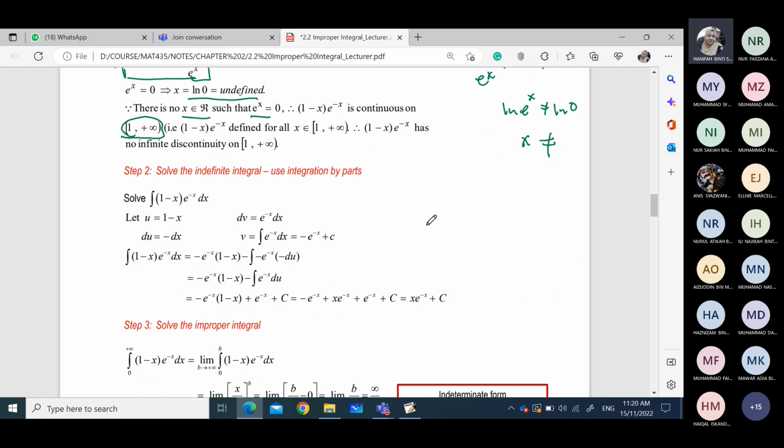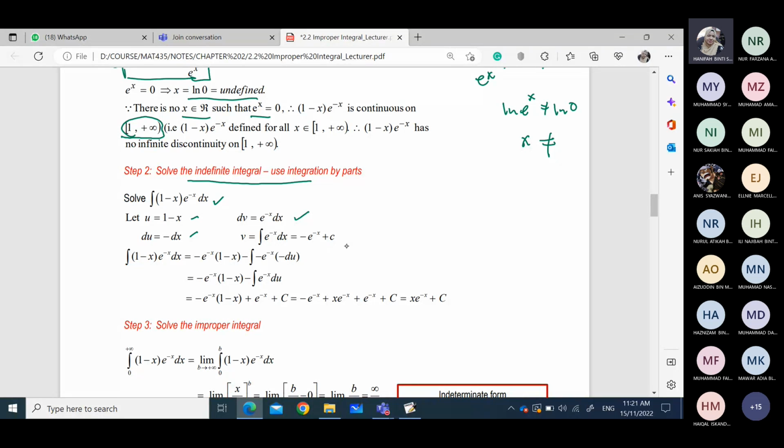Next we solve the indefinite integral. For this case, we use integration by parts. So solve for this integral 1 minus x times exponent negative x. Let u here be 1 minus x, and we differentiate with respect to x on u, we have negative dx. The rest is our dv, so dv here is exponent negative x. We integrate both sides, then we will have v.